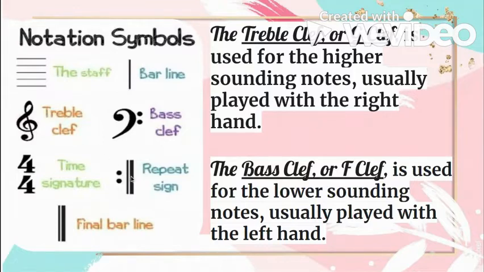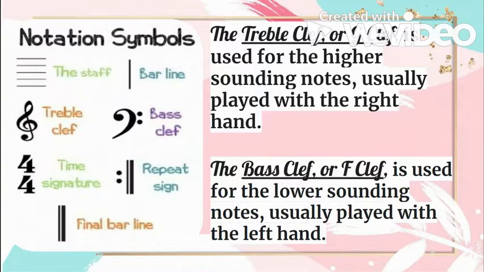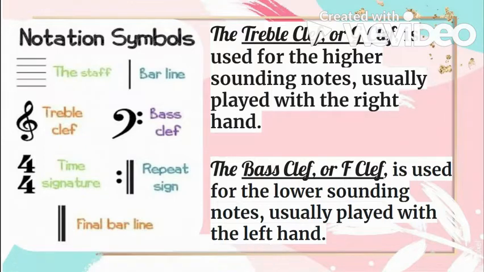So it means, class, if you see this at the last part of the musical staff, you will repeat the song. And the other one, we have this final bar, meaning that's the end of the song. If in a song you see the final bar, you will end the song. But if you see the repeat sign, you will repeat the song. Are we clear?